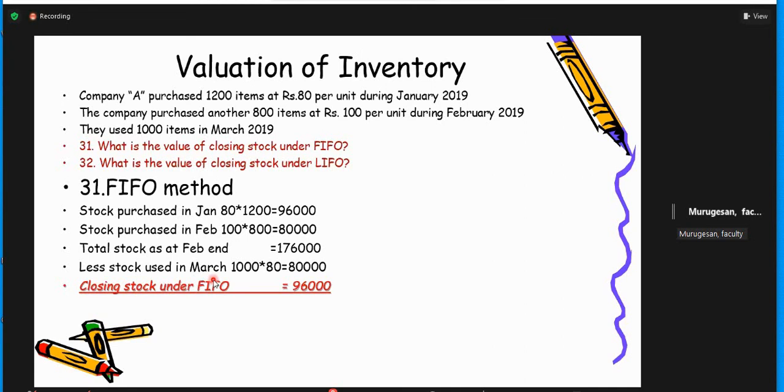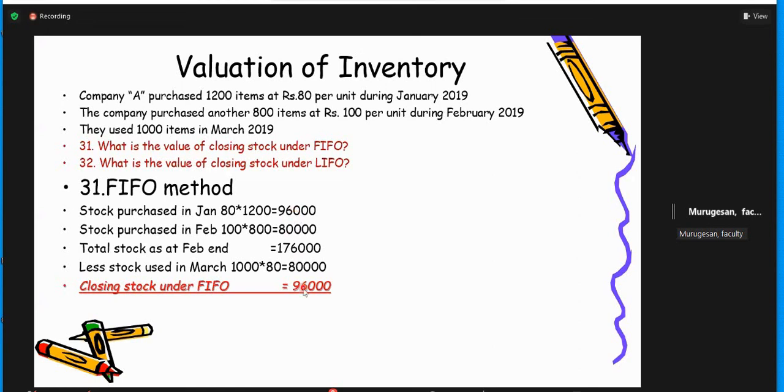Understood? Sir, the closing stock under FIFO is 96,000. How, when 1,000 units are used, do 200 units remain? That is remaining. That is why the total stock already includes the 200 units, boss.